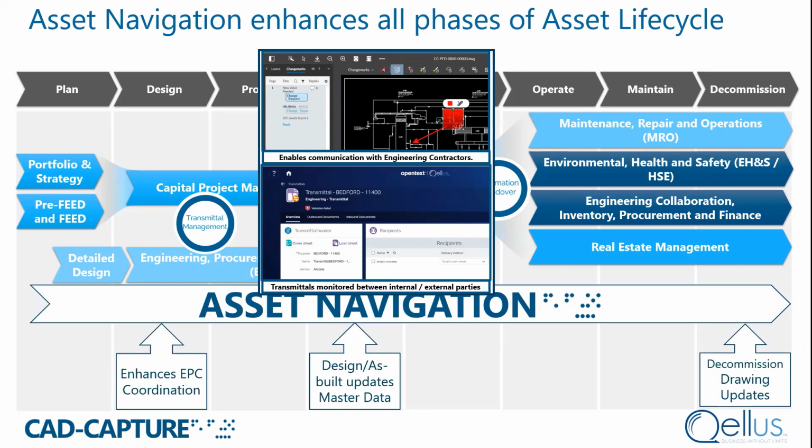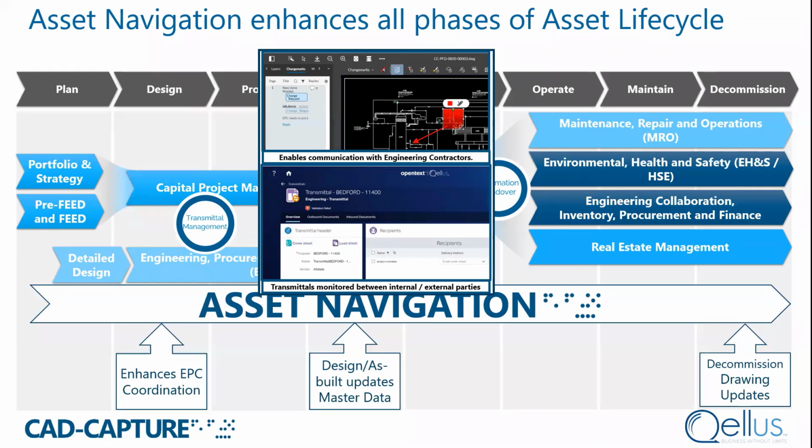So that's part of that engineering management space where if we have changes to the drawing and we need to communicate those back and forth, we can do that and bundle this package up and do workflows and things like that to make sure we don't drop the ball on anything. We're monitoring the transmittals back and forth to internal and external parties.